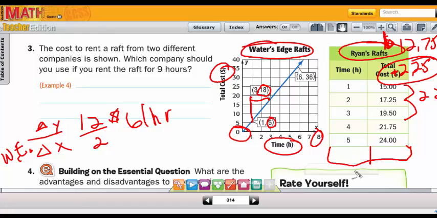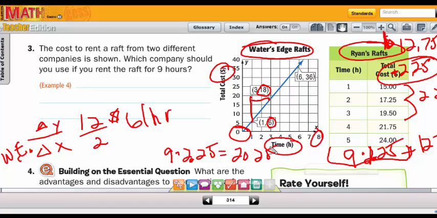So we could go down to our cell for 9, and it's obviously going to be 9 times $2.25 plus $12.75. So we have 9 times $2.25 equals $20.25.